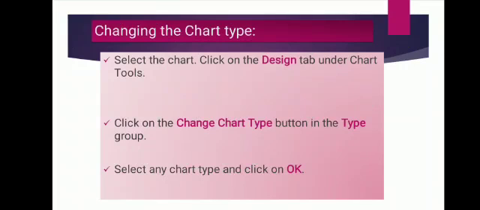Okay, so under chart tools, click on the design tab, then click on the change chart type button. Then a dialog box of chart will appear, select the type of chart you want to change to and click OK. And then the chart will change according to your selected pattern.